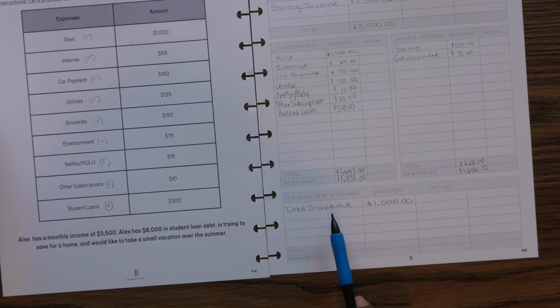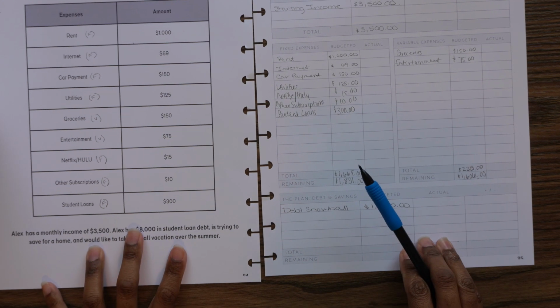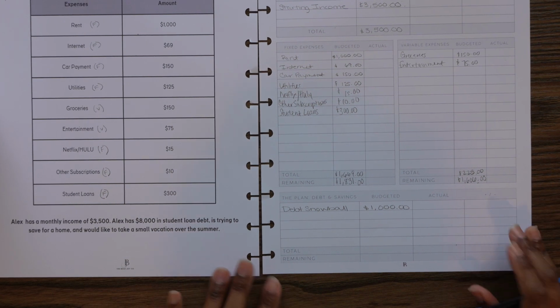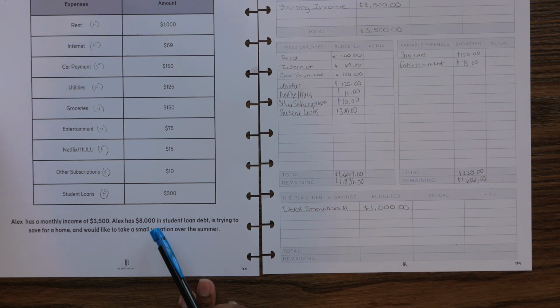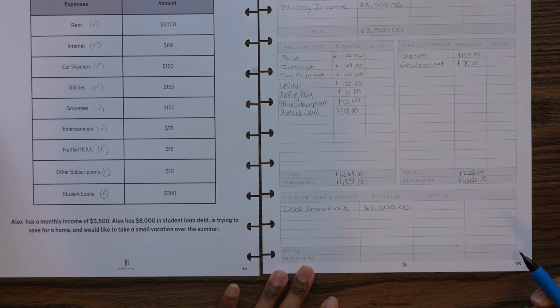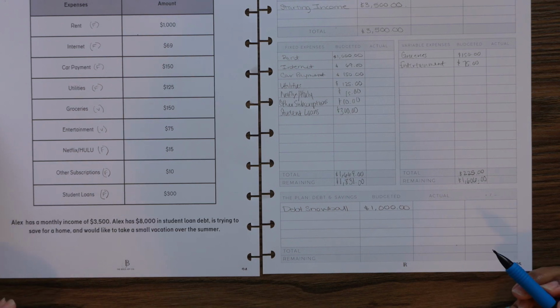Now I'm already putting $300 towards that $8,000 student loan. There's interest in there, but you're making such a large additional payment that the more you add to that debt snowball amount, the faster the loan comes down. So I now have $606 to go towards my other goals, which is saving for a home and a small vacation over the summer.